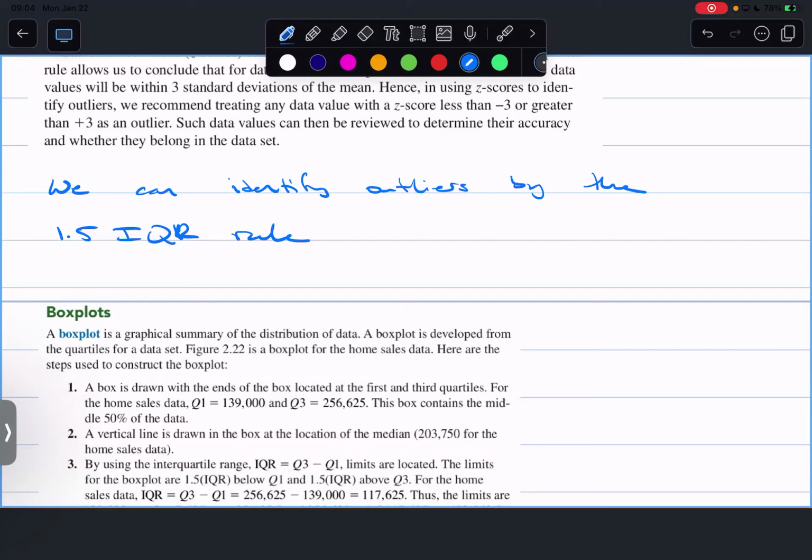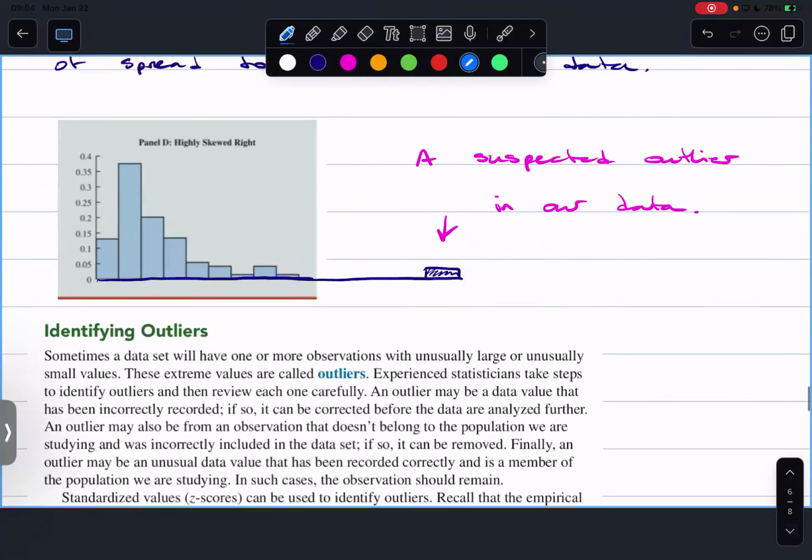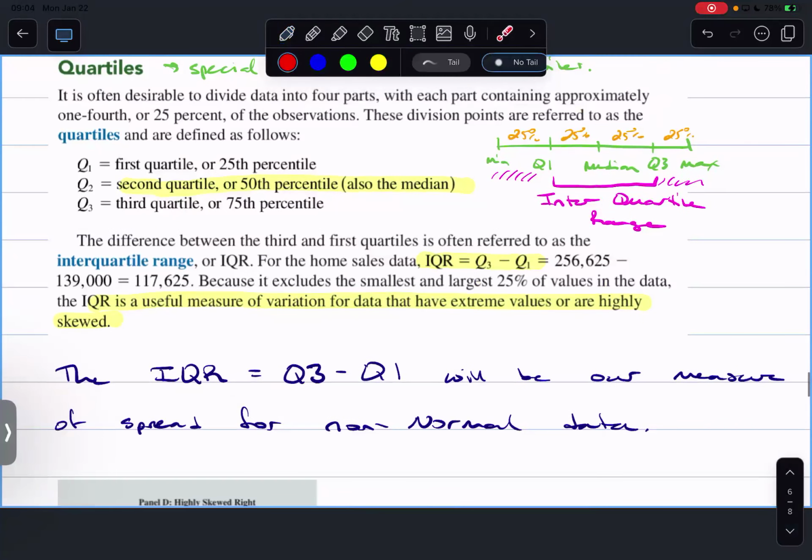Now, what the 1.5 IQR rule says, okay, so we recognize that IQR, which is the interquartile range. And then what the rule says is that you've got some distance between your quartiles here, right? And so what we can do is multiply that by 1.5.